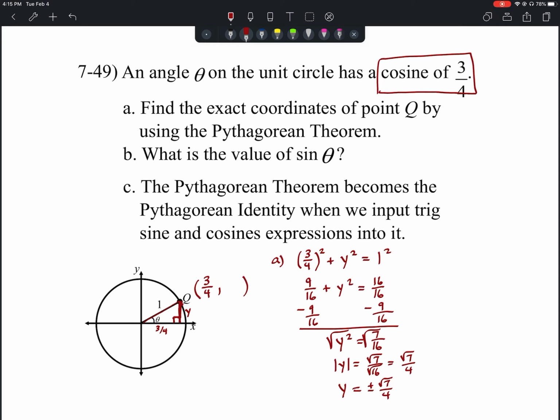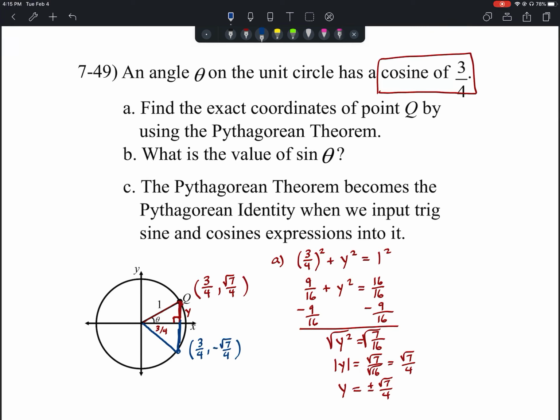Okay, because right now we know that this point could be up the square root of 7 over 4. But remember, there's also a second point on our circle here that would have a cosine of 3/4. There's also a point down here that has the same x coordinate, right? This one would be 3/4, comma, negative square root of 7 over 4.